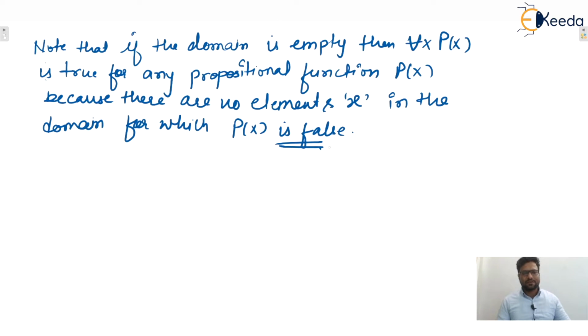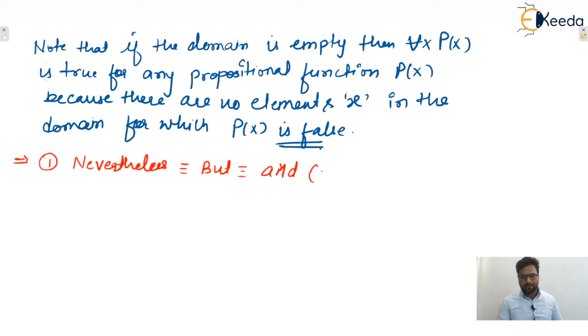Now we'll see the conversion. Before going to the conversion, consider English statements. Whenever "nevertheless" is written, what does it mean? It is equivalent to "but", and that is equivalent to logical and.